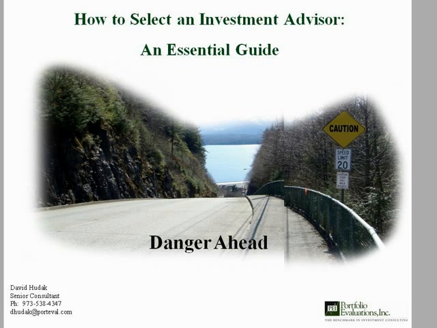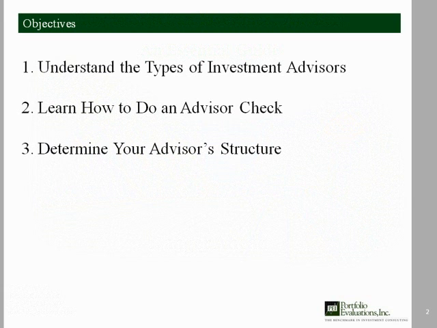Now, it's not very often that we hear plan sponsors asking about business structure. Now, in our work as an investment consulting firm, this being our 20th year in business, we've become aware of the various types of advisory relationships that are in the industry today.